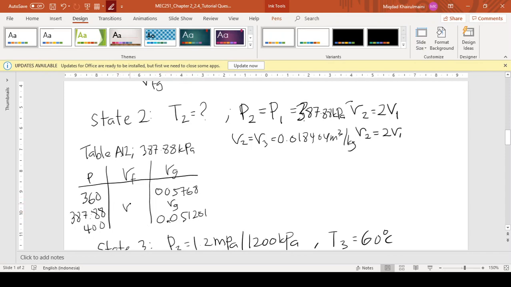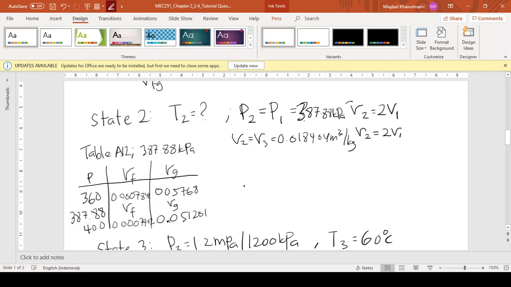And for Vf, which for 387 we want to interpolate, this is 0.0007841, and this is 0.007907. So we have to interpolate for Vg and then for Vf, so we can compare with the specific volume at state 2.